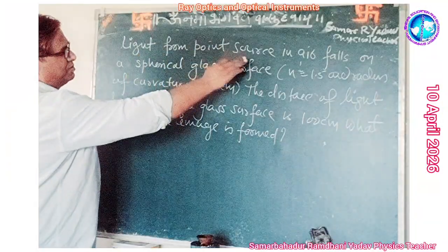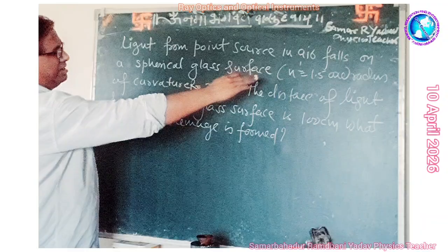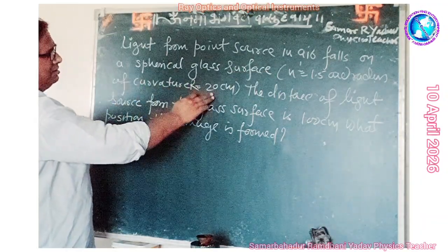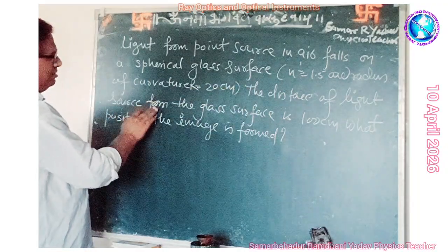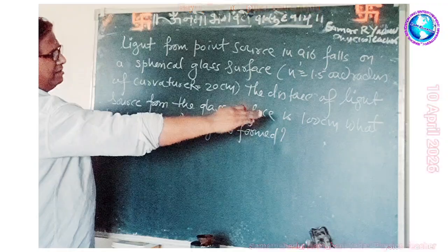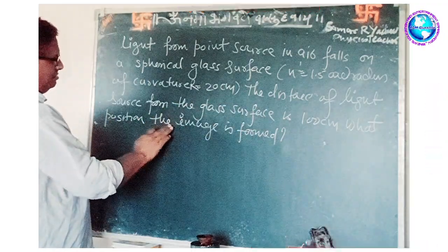Light from a point source in air falls on a spherical glass surface, n is equal to 1.5, and the radius of curvature is 20 centimeter. The distance of the light source from the glass surface is 100 centimeter. What is the position of the image?